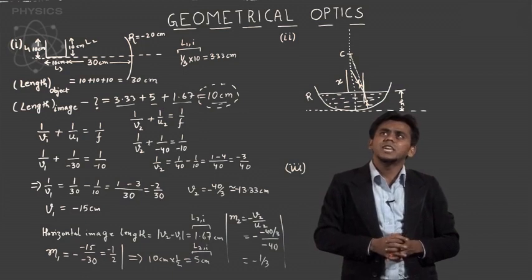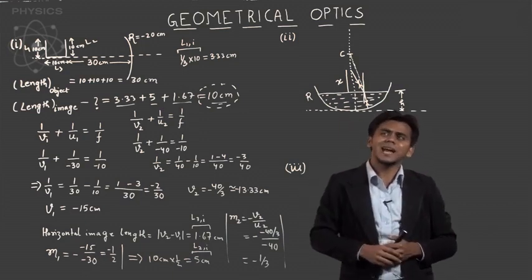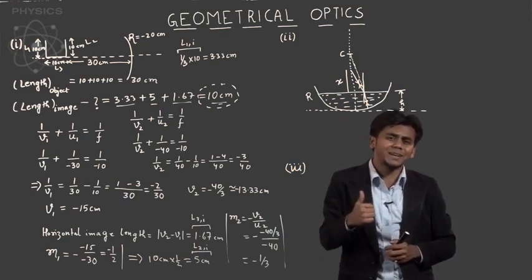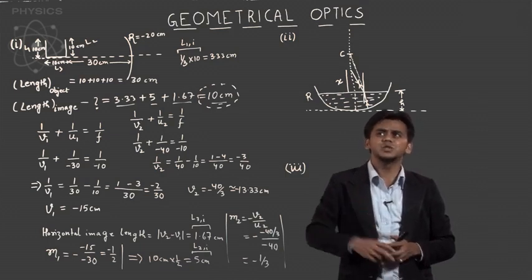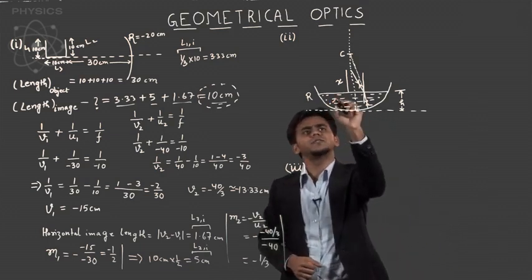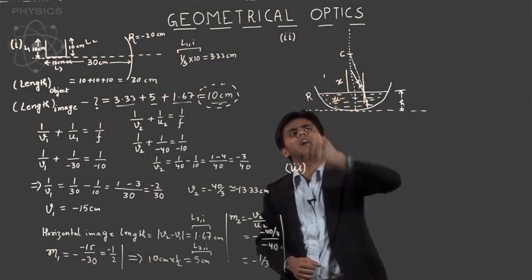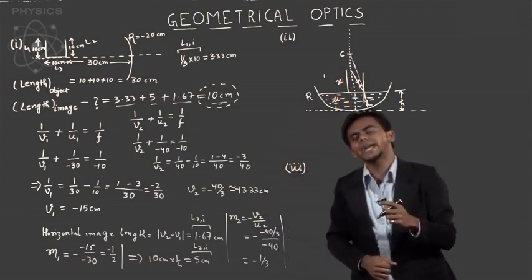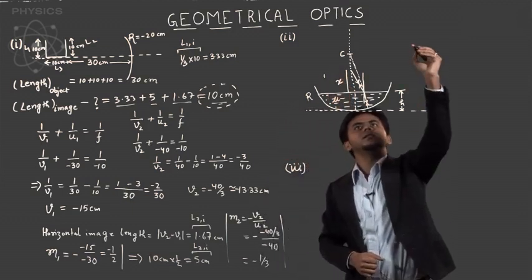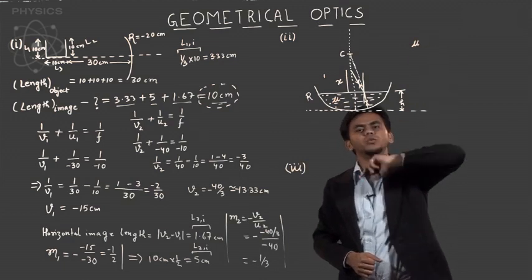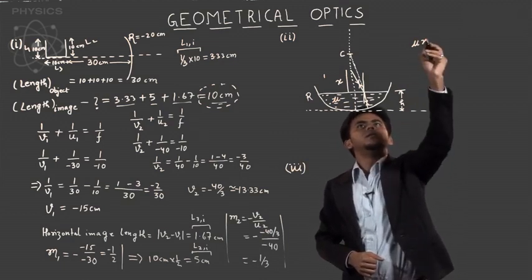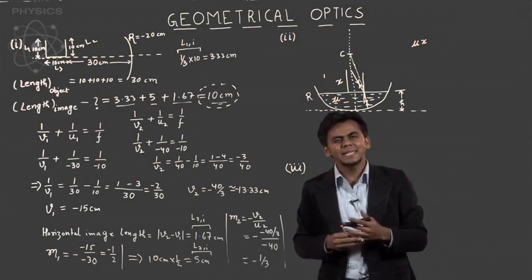Now, if I'm just slightly away from the principal axis, I can use the formula for apparent depth and apparent height. In this situation, if the refractive index of this medium is mu and this is vacuum, so 1, then the apparent height here would be mu times x.